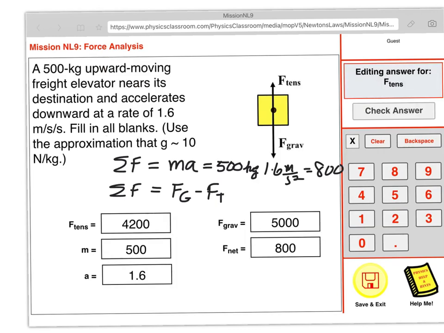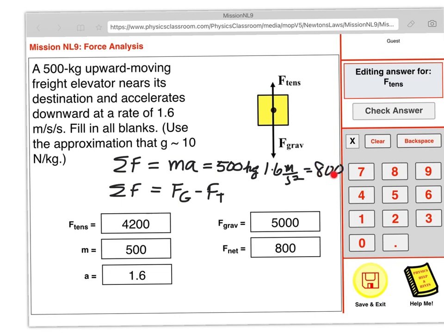Okay, notice I use a slightly different notation. Like I use sum of the forces instead of F net. And I use Ft and Fg instead of F-grav and F-tens. Anyway, we put in what we're given. From the mass we get the gravity force, and the mass times the acceleration gives us the net force.